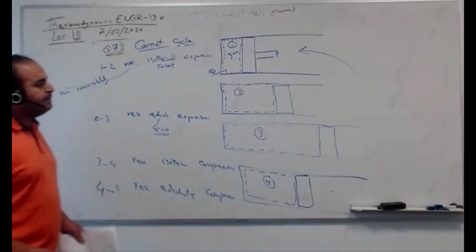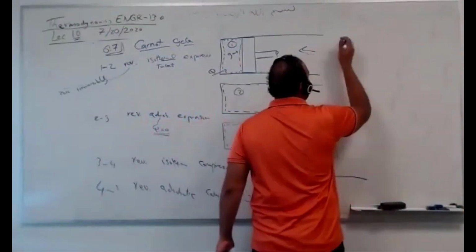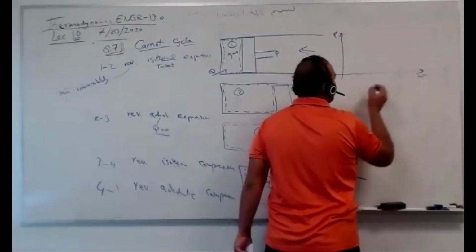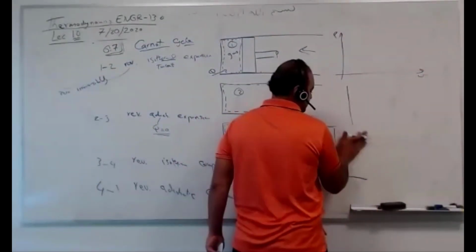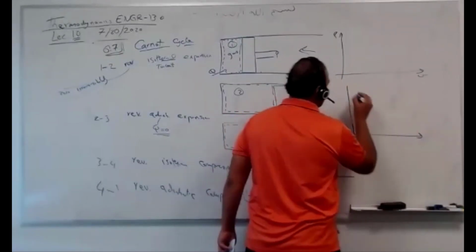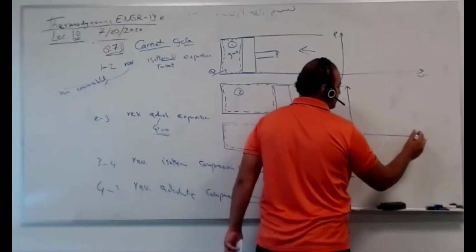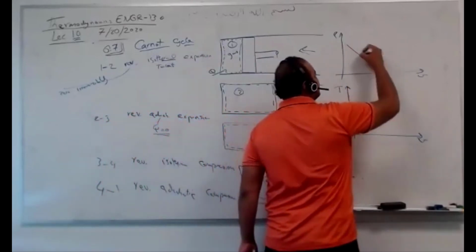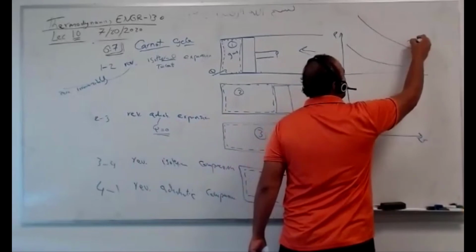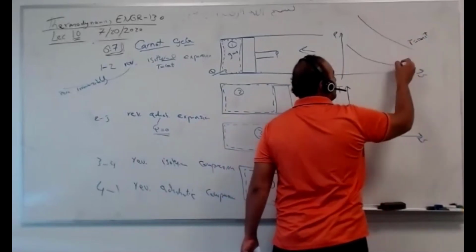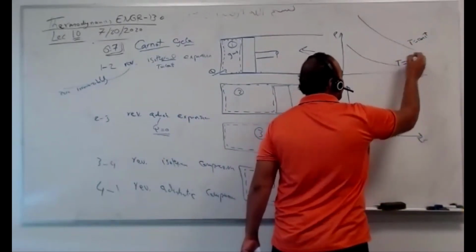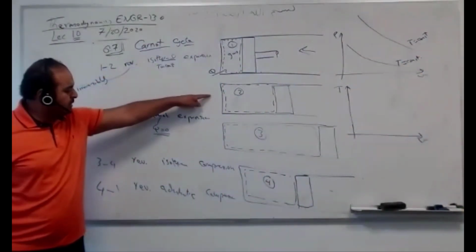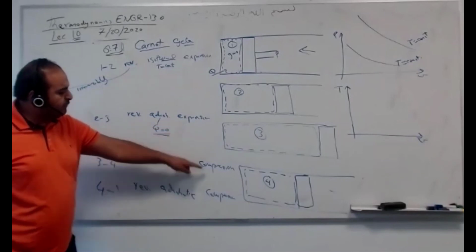Let's plot them in the PV diagram. PV diagram is good. Actually also TV diagram. So in the PV diagram, we have constant temperature lines. This is called T equal constant. Look at this, guys. T1 equals T2 and T3 equals T4.